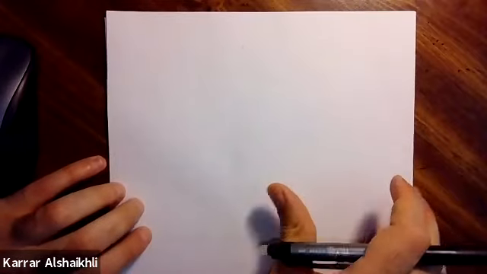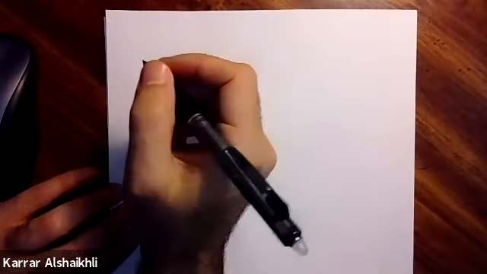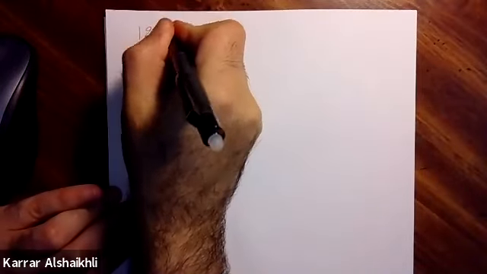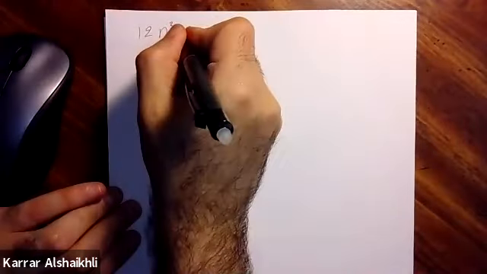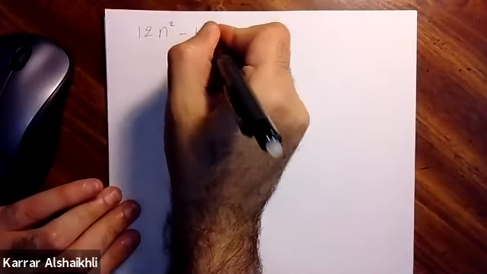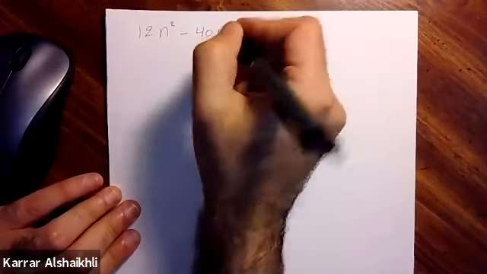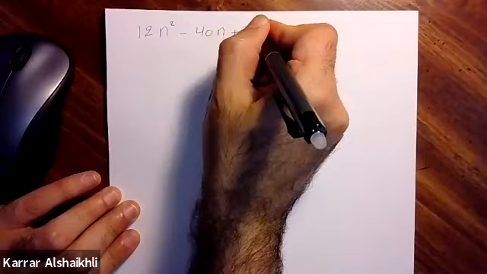Step one is to find the GCF. So here's another example. If we have 12n squared minus 40n plus 32.